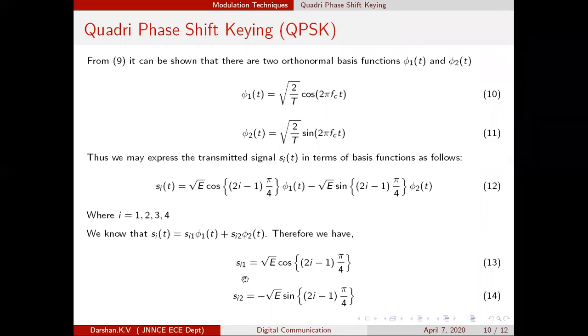You know the values of Si1 and Si2. Currently, you cannot remember this equation; that will come by practice. You read it again and again, so you can remember those equations. Just follow the lecture. Si1 and Si2 are the coefficients, so the values are as follows.